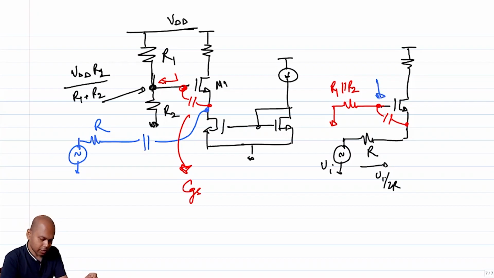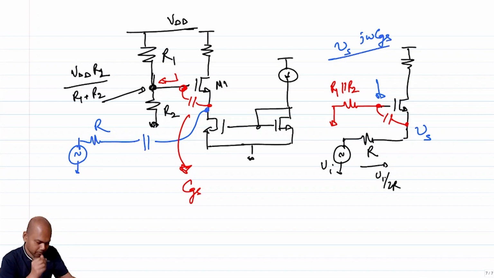If I am anticipating this voltage at least in terms of Vs, the source voltage, that voltage is basically a high pass version of the source voltage, right? So that is Vs times j omega Cgs by 1 plus j omega Cgs R1 parallel R2.